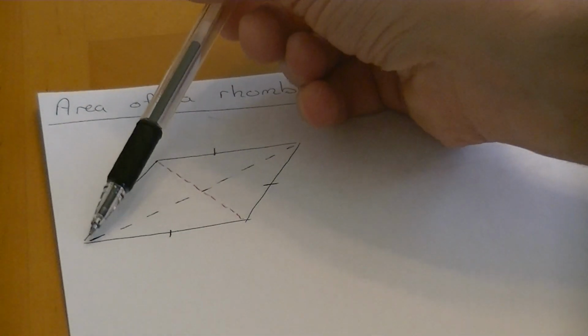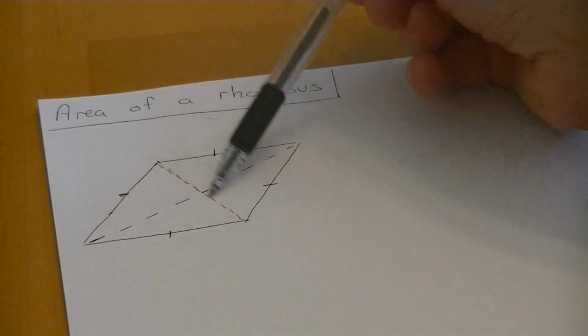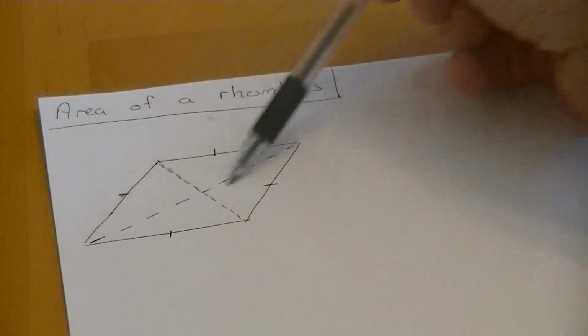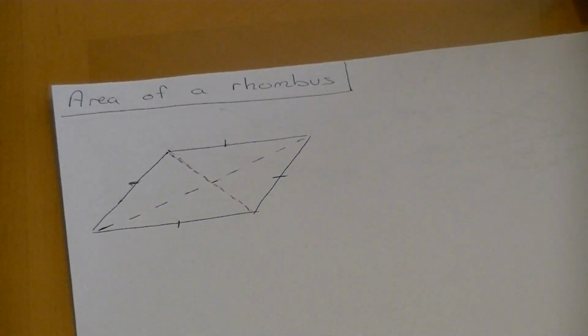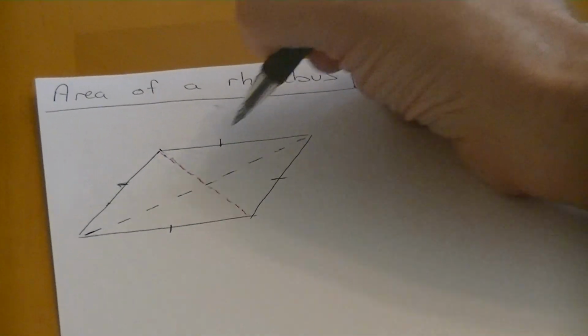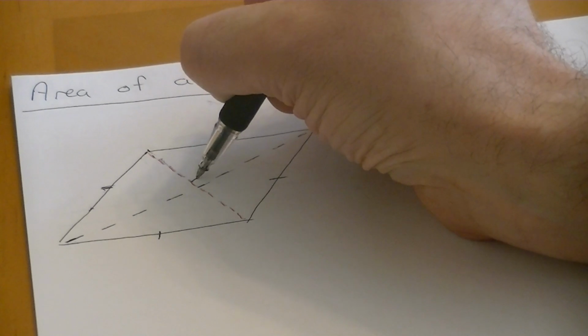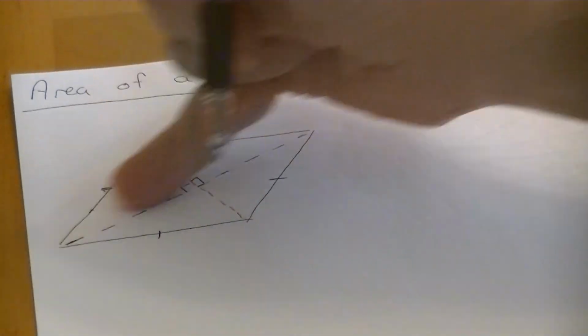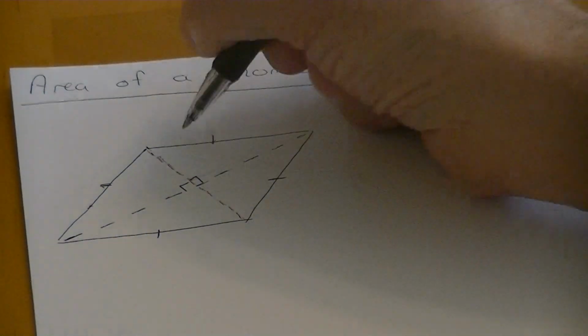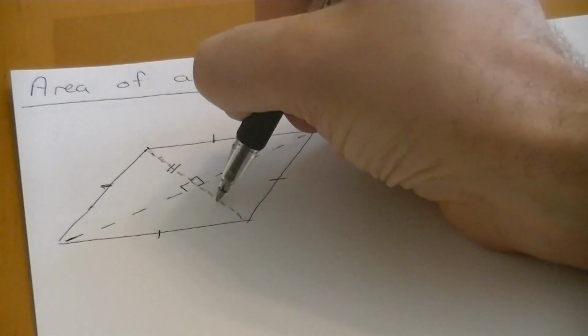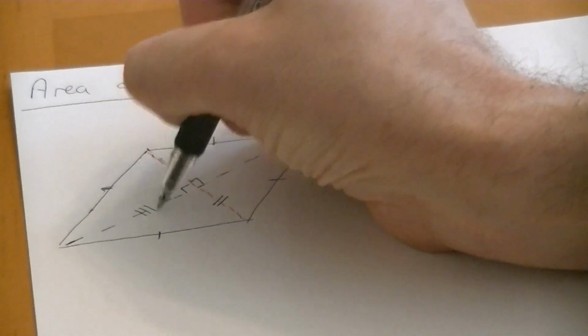So I'm going to refer to this red diagonal as diagonal number 2. The black one is diagonal number 1. And one of the properties of the diagonals of a rhombus from your chapter 6 work is the diagonals of a rhombus are perpendicular to each other, and for all parallelograms, they bisect each other.